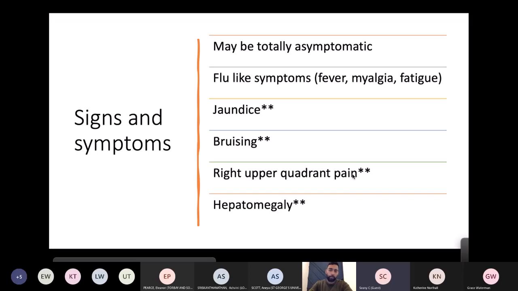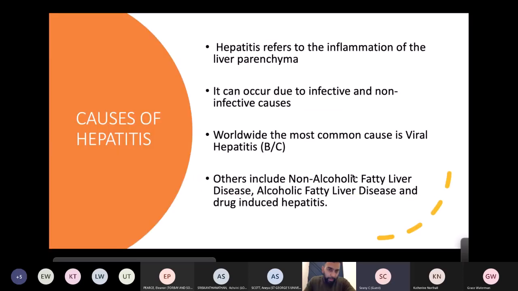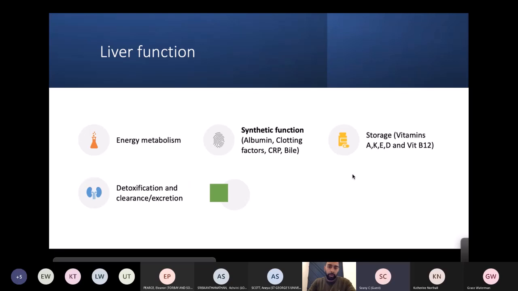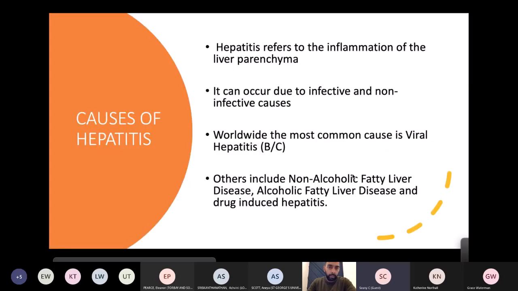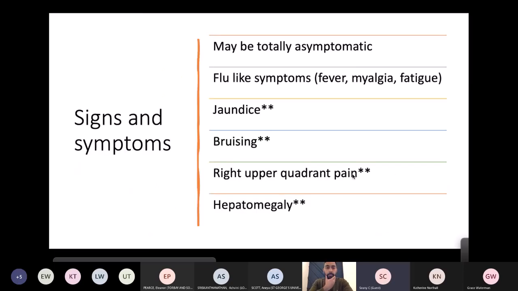Have a think about this based on what we've talked about. Signs and symptoms when liver function is deranged: they can be completely asymptomatic. Like I said, the liver has a good amount of reserve, even with some injury, so they can appear totally asymptomatic.